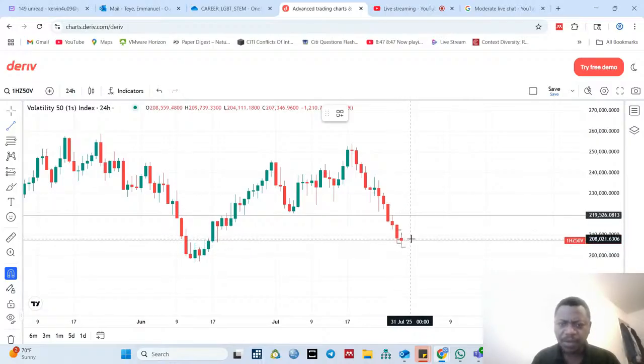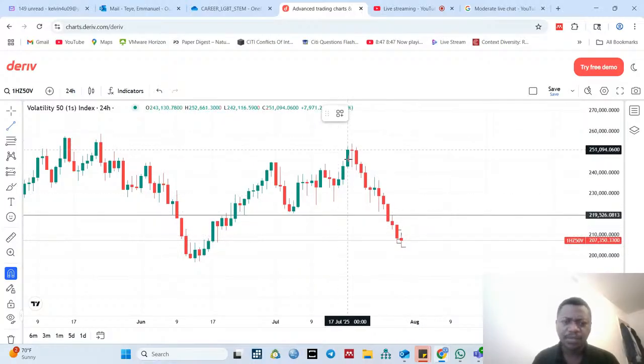So how can we look to join this trade? Should we join this trade to also sell, or should we find a way to look for some kind of buys or some pullbacks to join the trade?